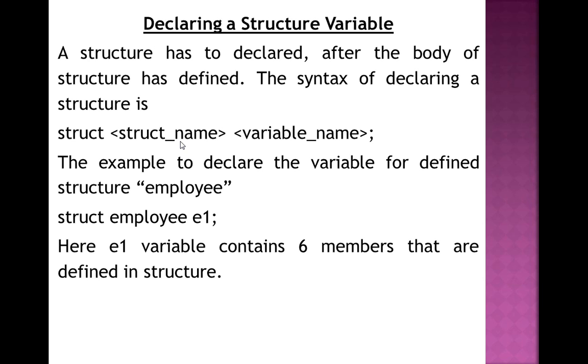So struct is your keyword, employee is your structure name, and the variable names are E1, E2, E3 and so on. E1 means the name of the variable of the type struct. That is your struct, structure name, variable name.